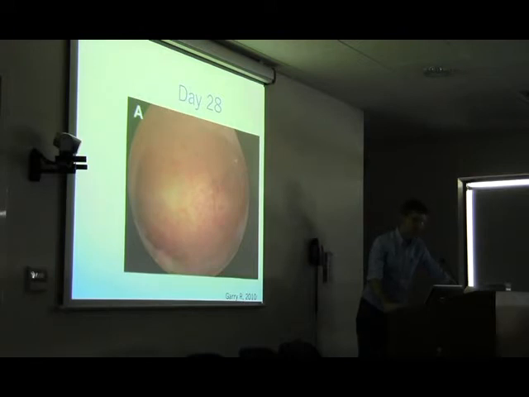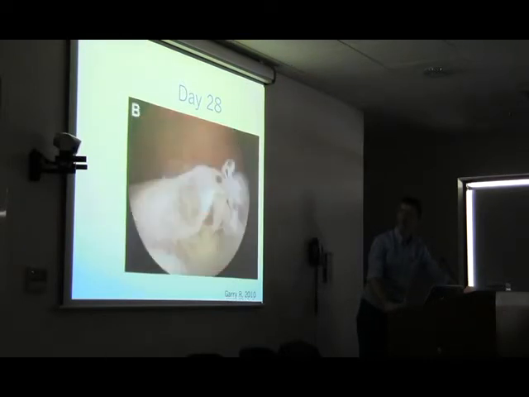And this is a picture on day 28 of the endometrium, and because of the intrauterine pressure, the normal folds and thickness of the endometrium is masked by the compression of the distension fluid. But you can appreciate here, if you just drag the hysteroscope across the endometrium, how easily the stroma furrows, and you can get a sense of the depth and nature of the stroma overlying the basal layer.